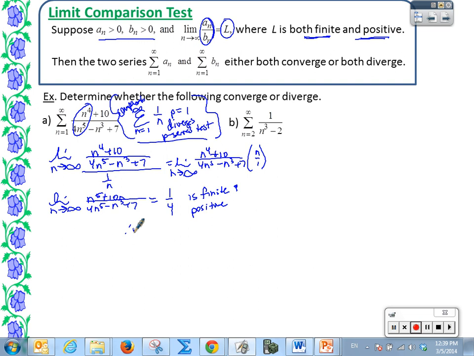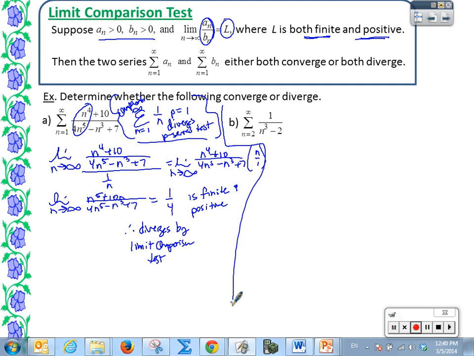So what does that mean about our series? It diverges. They go hand in hand. So therefore, it diverges by the limit comparison test. Okay? We okay on that one?